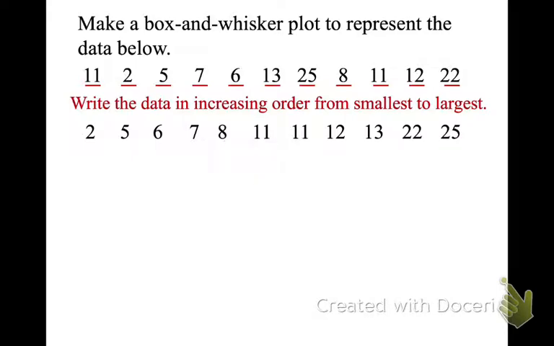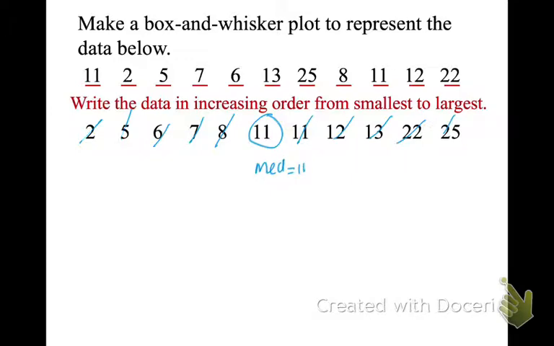Okay, so step 1, we have to find our median. Pause the recording. We're looking for the middle number. All right, so remember, I just kind of cross them out. And I am left with 11. That is my median.